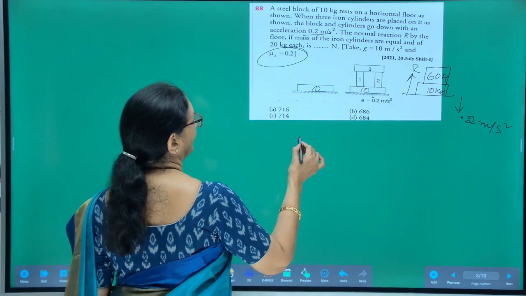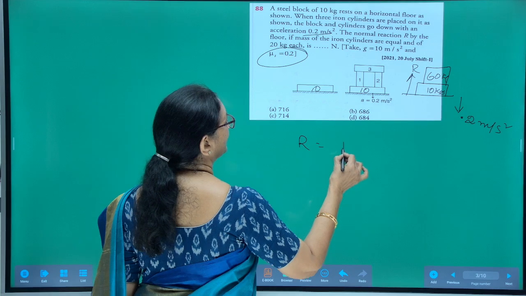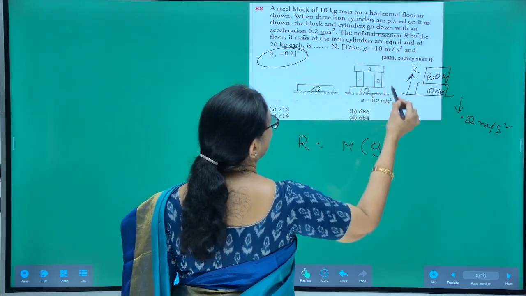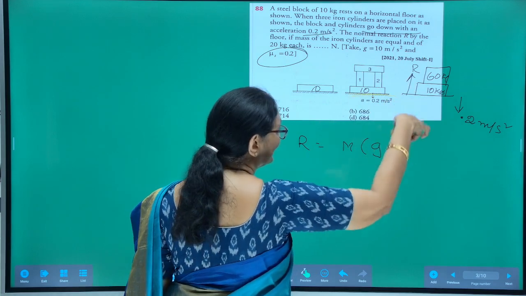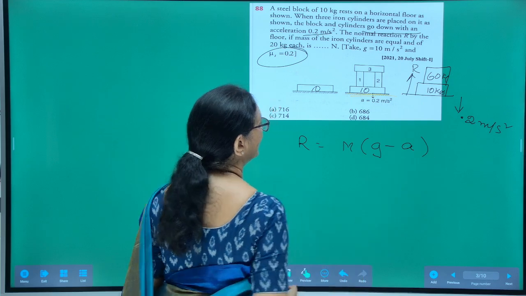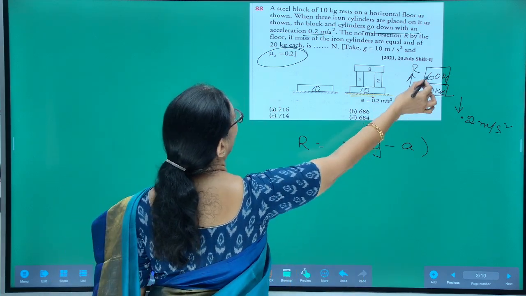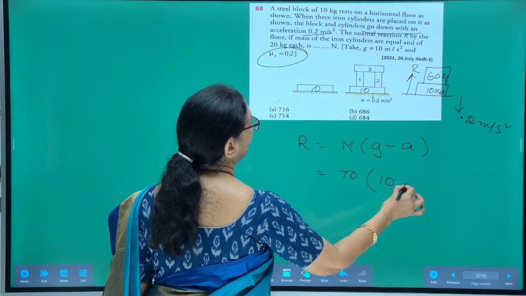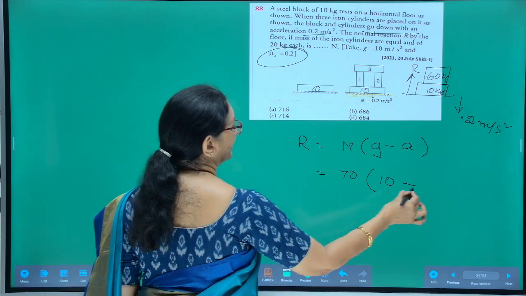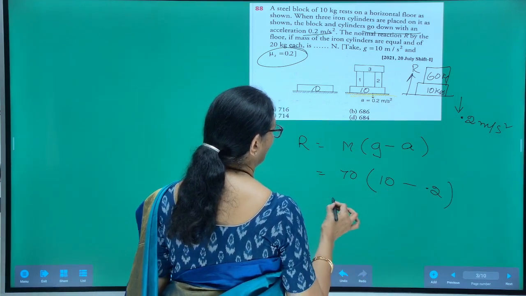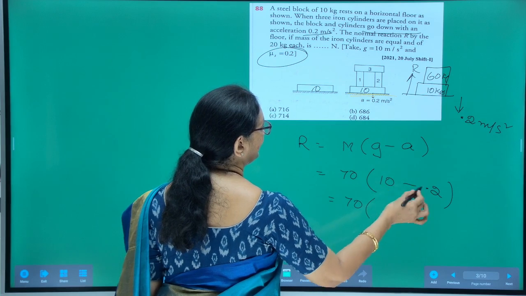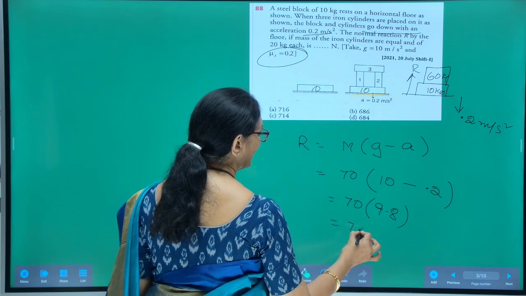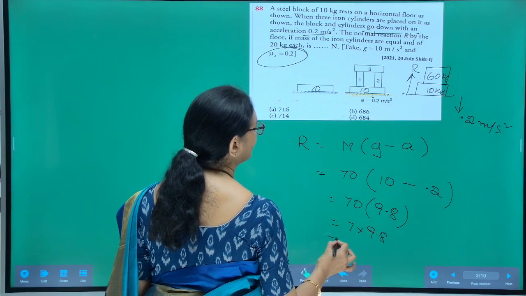We know normal reaction is total mass into G minus A because this surface is going down with an acceleration A. So, mass is 10 plus 60. This is 70 into 10 minus acceleration, given as 0.2.